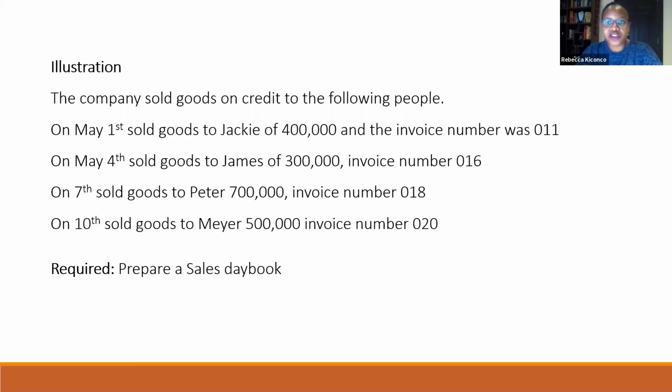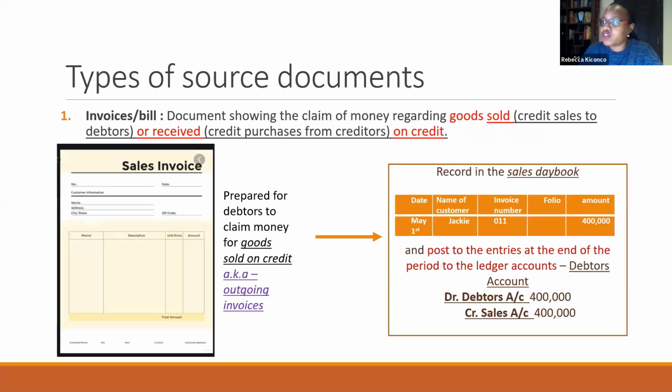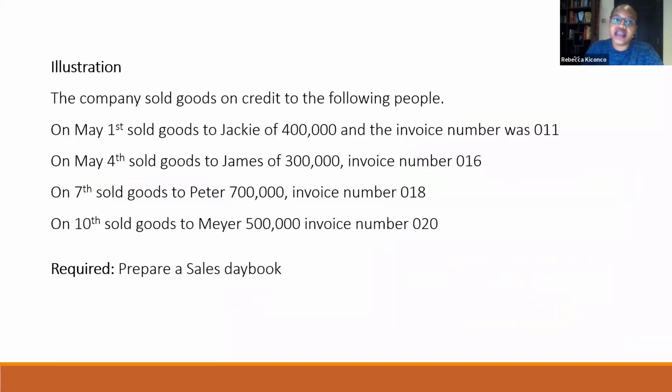Now, the first transaction, which is Jackie, on May 1st, we sold goods to Jackie for 400,000 and the invoice number was 0111. That transaction has been recorded for you here. I have done it for you. You can see it on the screen. Just follow that format and complete the sales day book. So there are only 4 transactions for you to put in. Please do that exercise in your own time.